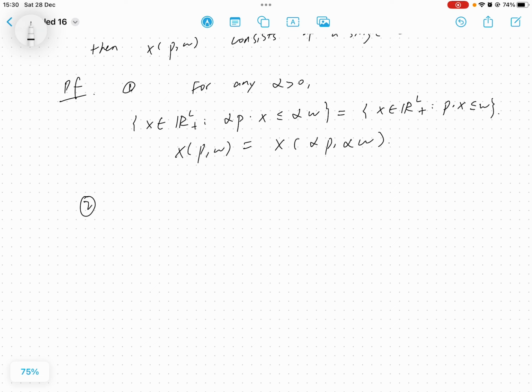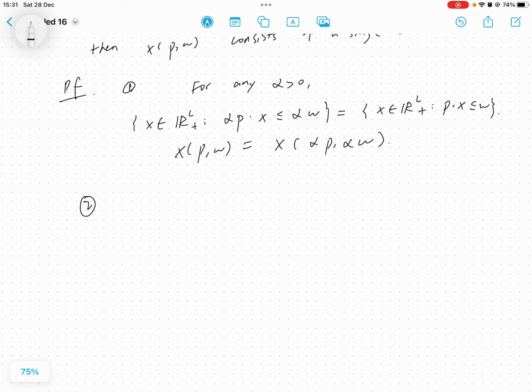On the space, for example, of positive real numbers with x1 and x2, we could always find a point which is close to some original point x, and that new point is preferred to x itself. Okay, and that is local non-satiation.